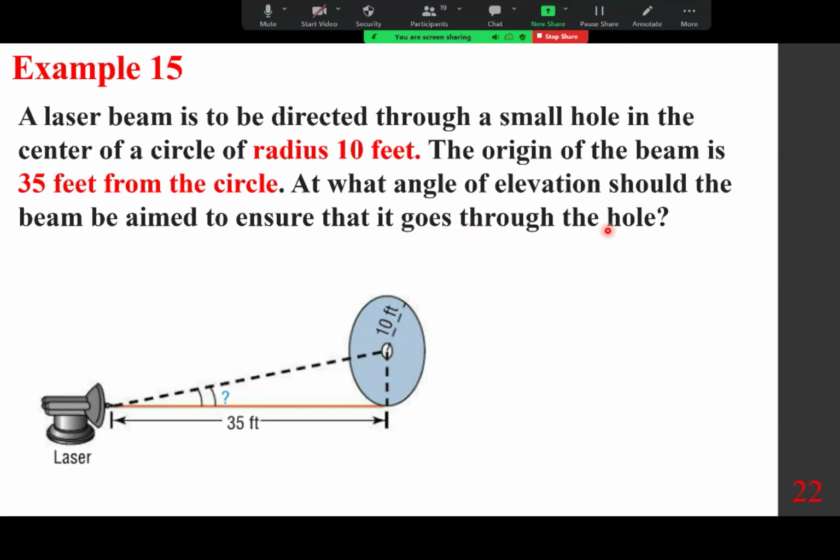So we have the laser, and here's the angle of elevation. We have this distance, which is 35 feet. We have this distance, which is 10 feet, because that's the radius of the circle. So that's the angle. Tan of theta is the opposite, 10, over the adjacent, 35.